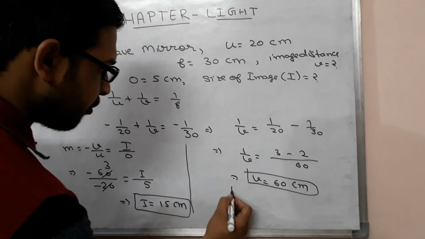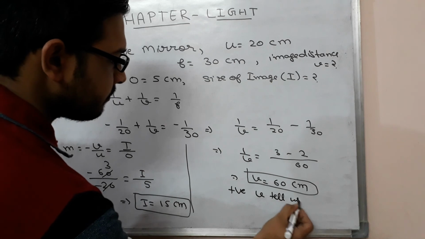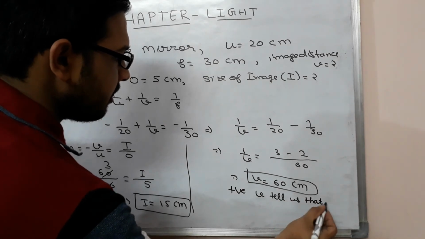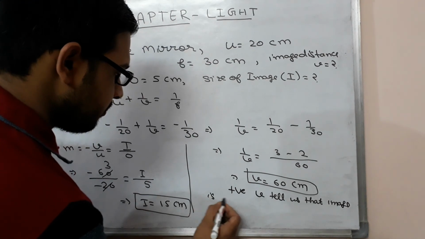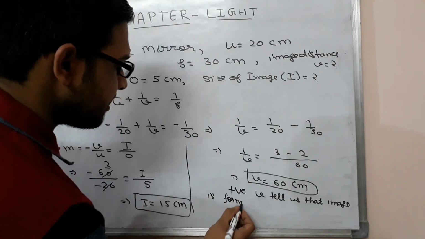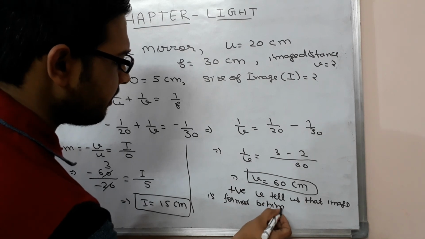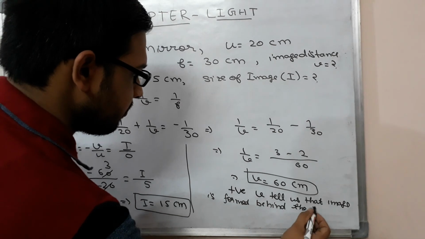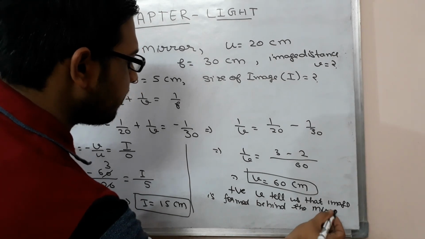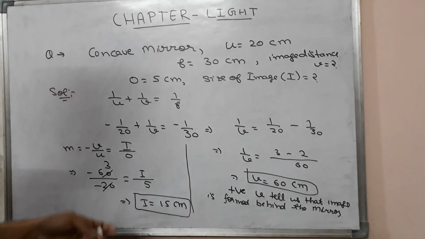The positive v tells us that image is found behind the mirror. So its nature is virtual and erect. And the size of the image is very large as compared to the size of the object.